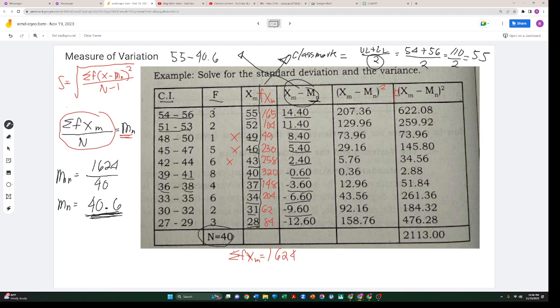And then 28 minus 40.6 is negative 12.6.